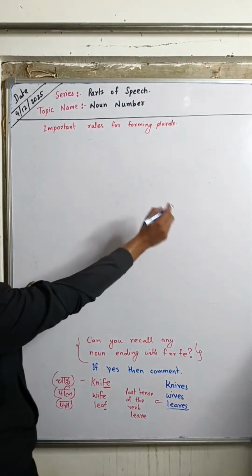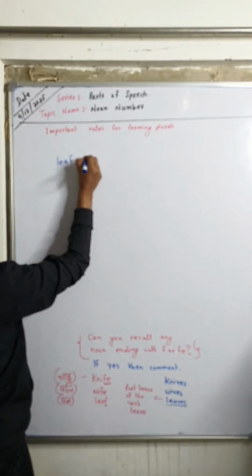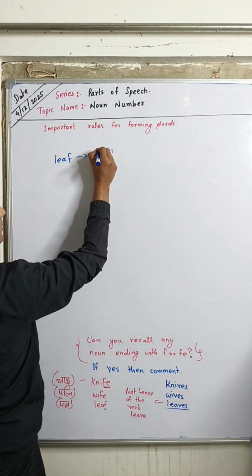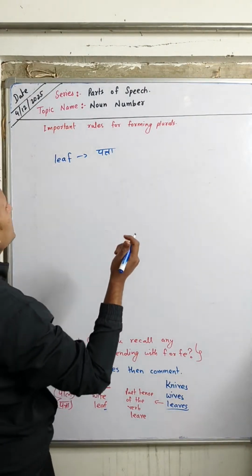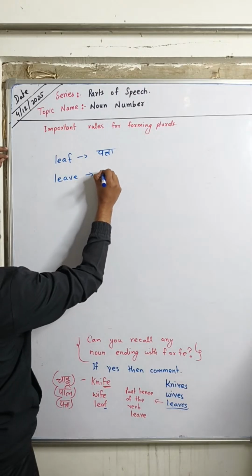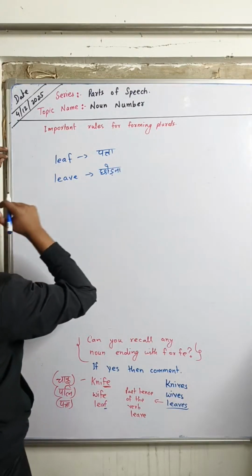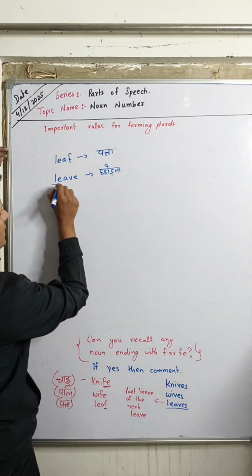So this is a noun, leaf, that means patta, that one which grows on plants or trees. So there is a verb leave, chorna, right? As we know, verbs have forms.